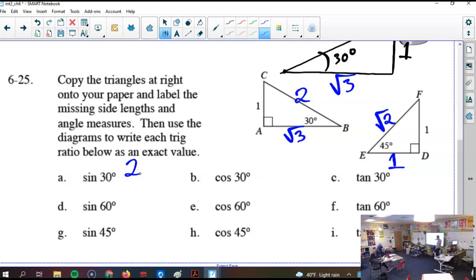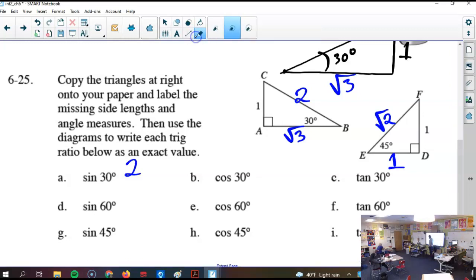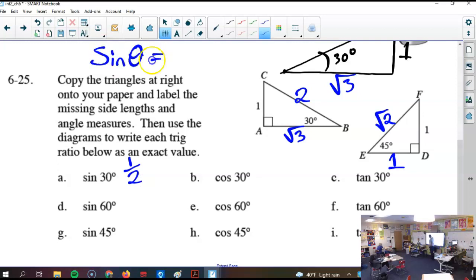Are you sure sine of 30 is 2? No, sine of 30 is a half. You got the first one wrong. Opposite over hypotenuse. Yeah, so then you switch it. The sine of a theta angle is the ratio of opposite over hypotenuse. Okay, I get it now.